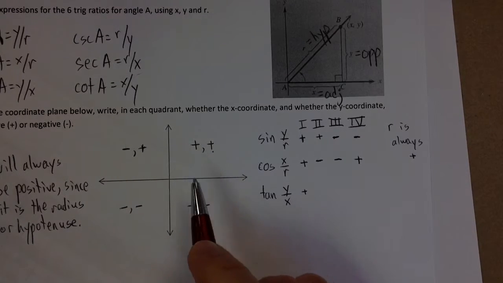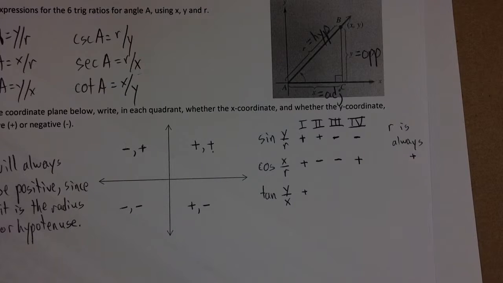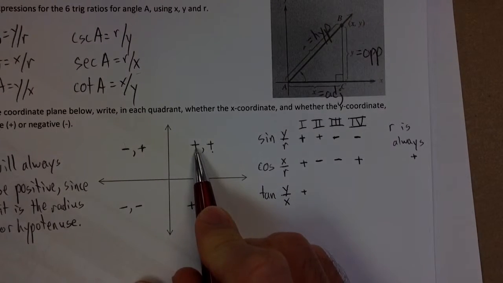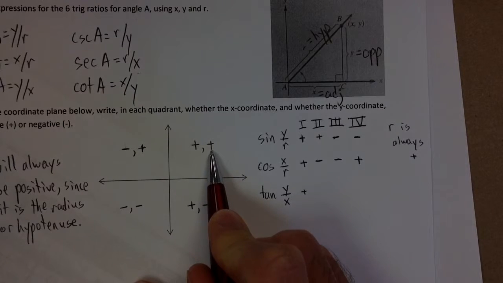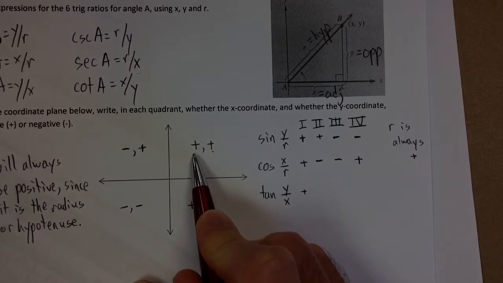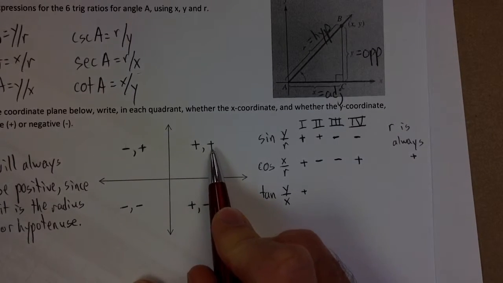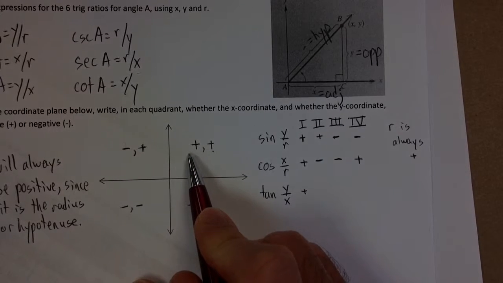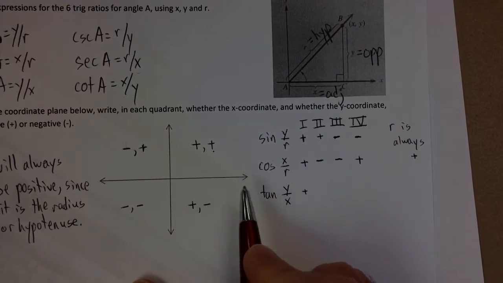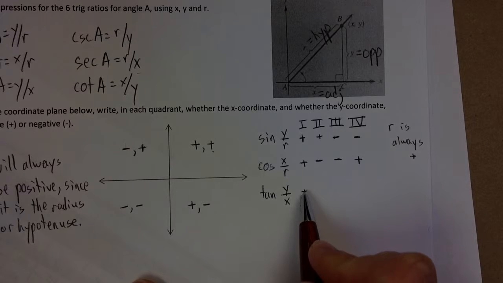For those we all have either positive or negative, but for the tangent are we gonna have two answers, since it's y and x? No, you'll have one answer for each quadrant. But it's like Jake said. In the first quadrant, your y's are positive and your x's are positive. So the ratio of a positive to a positive is a positive, right? Yeah. So tangent will be positive in the first quadrant.